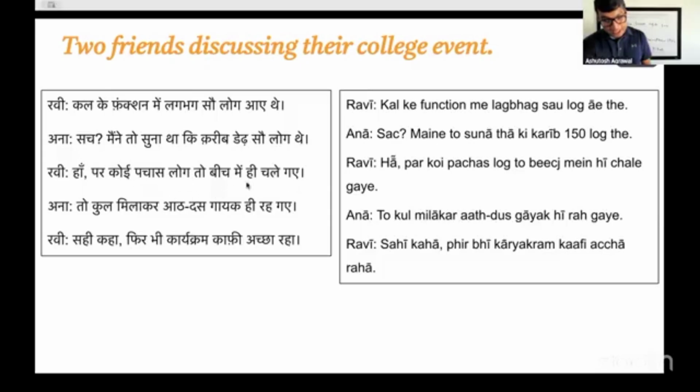Chale gaye, they left. Oh, left. Yes, but about 50 people left in the middle. That's right. Not left for the beach or something like that. So beach is in the middle basically, not like the English beach. Beech mein chale gaye.